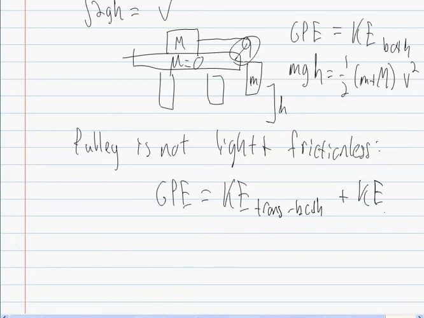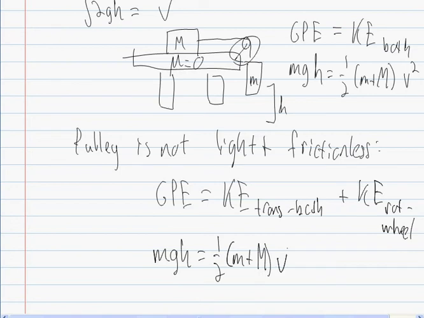So it'll be something like mgh equals 1/2 (little m plus big M) v squared plus 1/2 I of the wheel omega squared, which again you'd have to replace with v over r and all that good stuff.